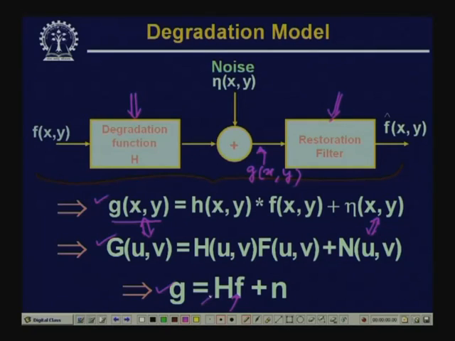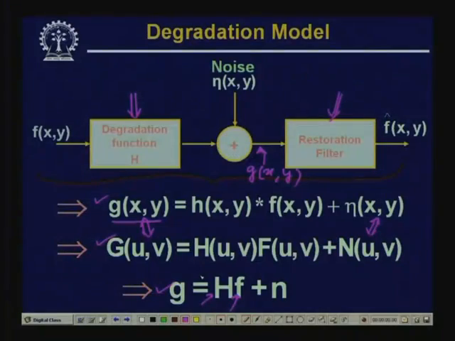This degradation matrix H is of dimension MN by MN, so there will be MN rows and MN columns. So, you find that the dimension of this degradation matrix H is quite high if our input image is of dimension M×N. Similarly, N is a noise term, and all these three terms together give you the degradation expression in the form of a matrix equation.